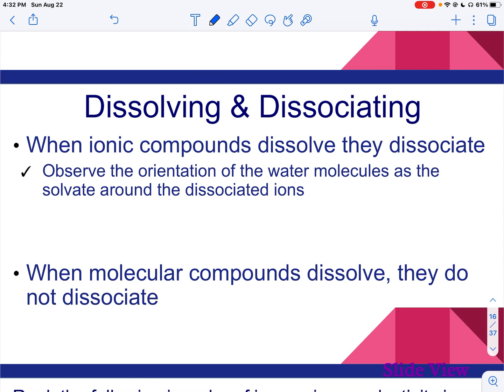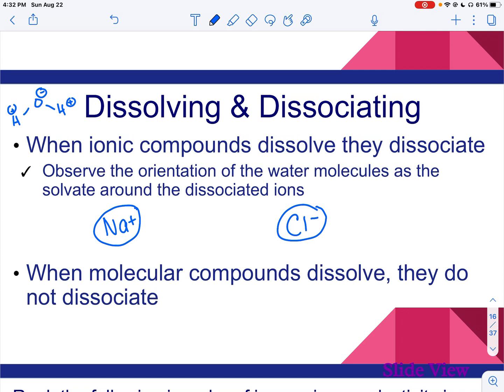So what you might see is observe the orientation of the water molecules. So say we put sodium chloride in water. It would dissociate into Na plus and Cl minus. Water, we know, is a polar molecule where the H's are plus and the oxygen is negative, or slightly negative and slightly positive.